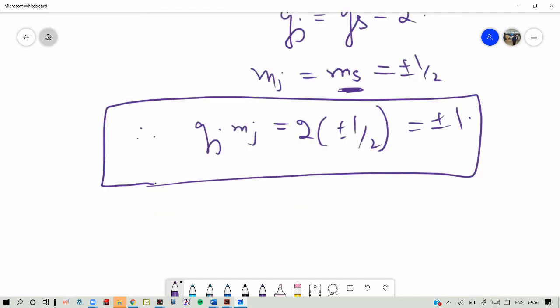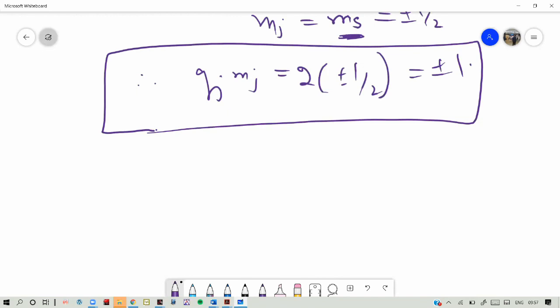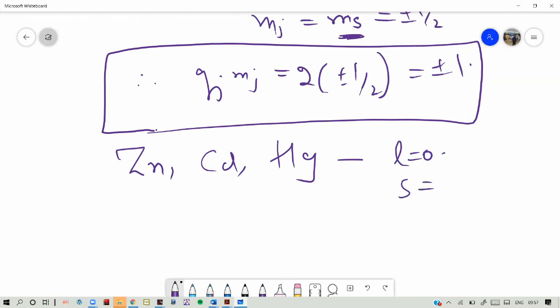And like silver, we have the ground state of zinc, cadmium, mercury. They all have L equal to 0 and J equal to S state.